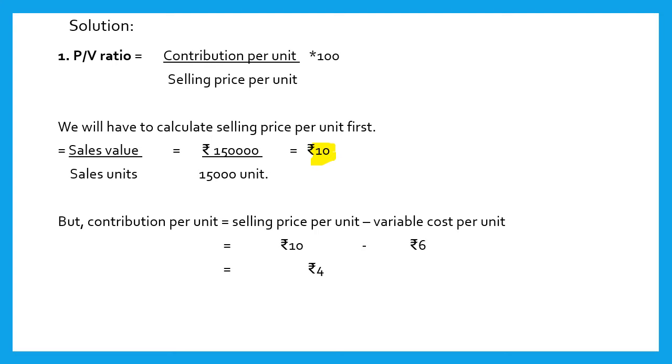Hence our contribution per unit is rupees 4. Now let us use this in the PV ratio formula: rupees 4 upon rupees 10 into 100. So we get the PV ratio as 40%.